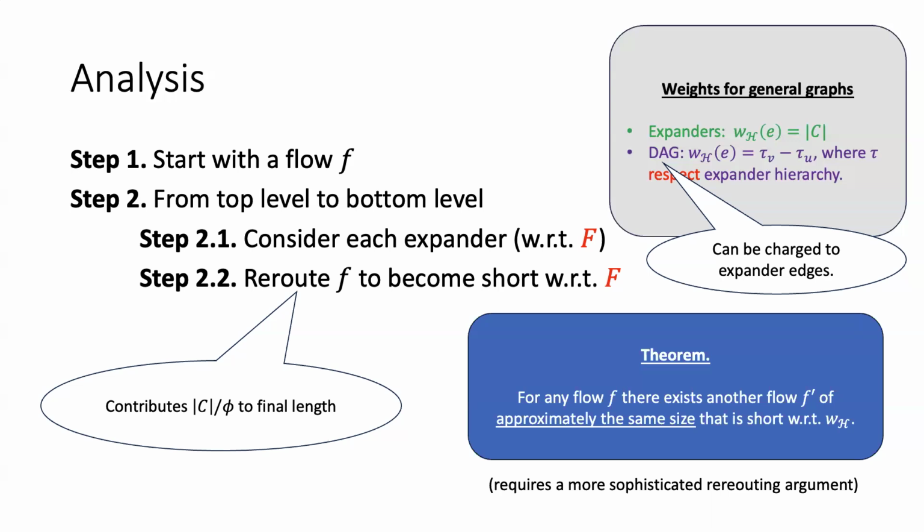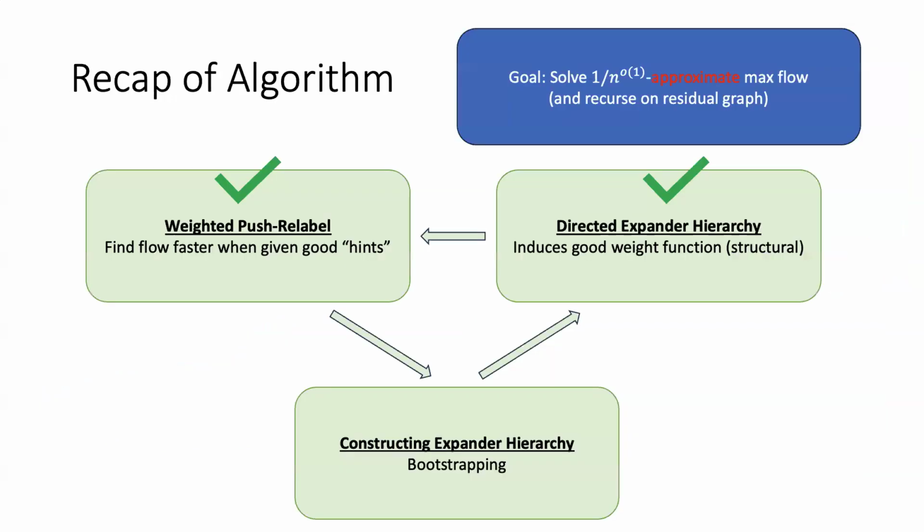But overall, we can indeed show that for any flow, you can reroute it inside the expander hierarchy so that it becomes short with respect to our weight W_H, and it still has approximately the same size. So this shows that the natural weight function induced by the expander hierarchy is indeed good and can be used to speed up our weighted push-relabel algorithm.